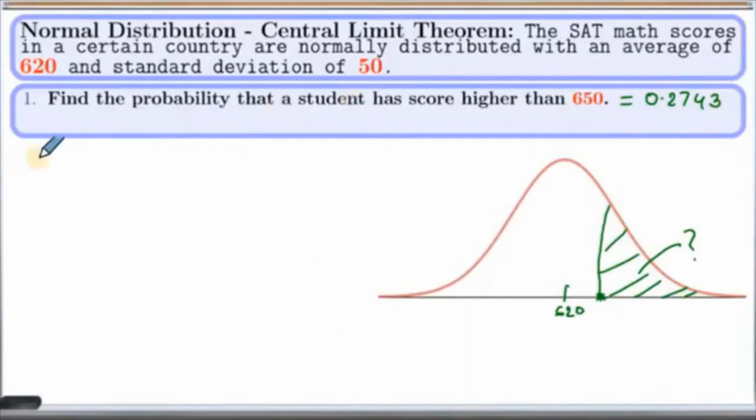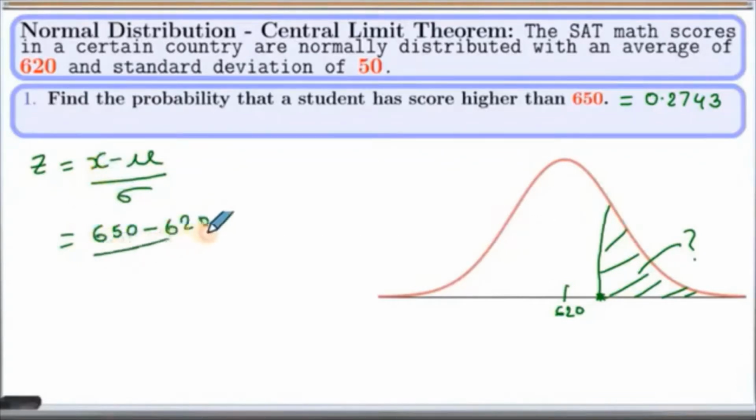Let me show you how to find this probability using the formula. For that, we'll be using this formula, which is z equals x minus mu over standard deviation. Here, our x is 650, the mean is 620, and our standard deviation is 50. Doing this math, we get z equals 0.6. Now let's look at the table to find the area for a z-score of 0.6.